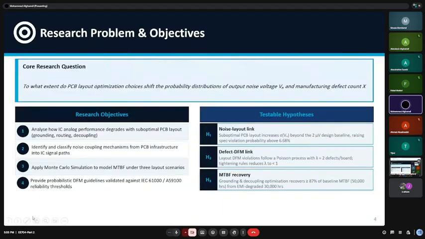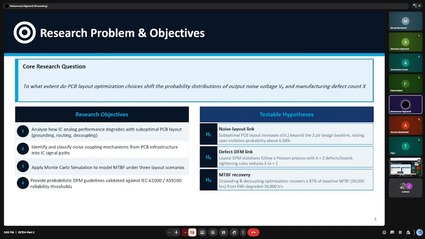Our core research question is: to what extent do PCB layout optimization choices shift the probability distribution of output noise voltage Vn and manufacturing defect X? So Vn and X, we will work through the presentation with these two variables.